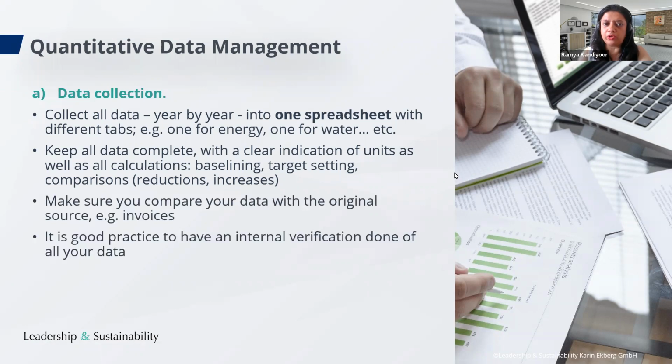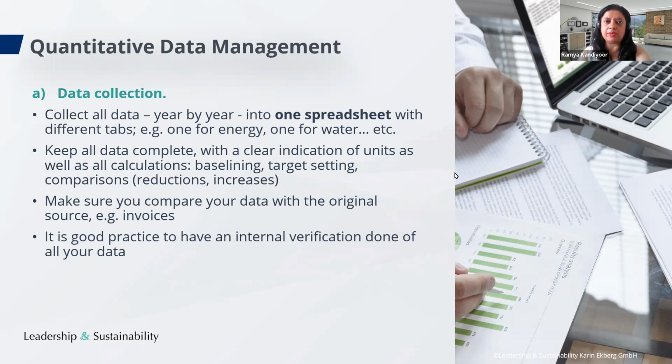Make sure all of your data is compared with your original sources. It could be invoices, it could be metering logs. Perhaps there is one person who is taking in a log and then verifying this data, or performing a due diligence of this data. It's a good practice to have an internal verification which is done of all the data that you are reporting.